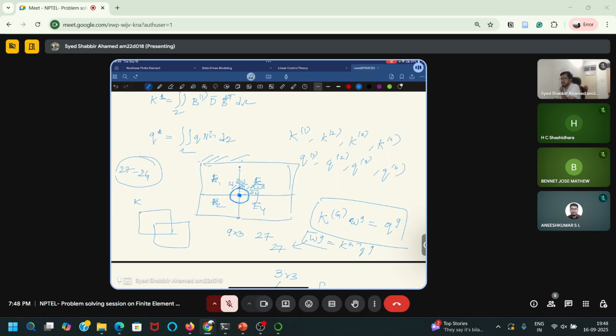So only 2 elements are there, and in that, 2 sides are fixed for the plate. So we don't have to worry about those nodes. So finally we'll get a 6 cross 6 matrix. So we have to solve the 6 cross 6 matrix to get our solution.